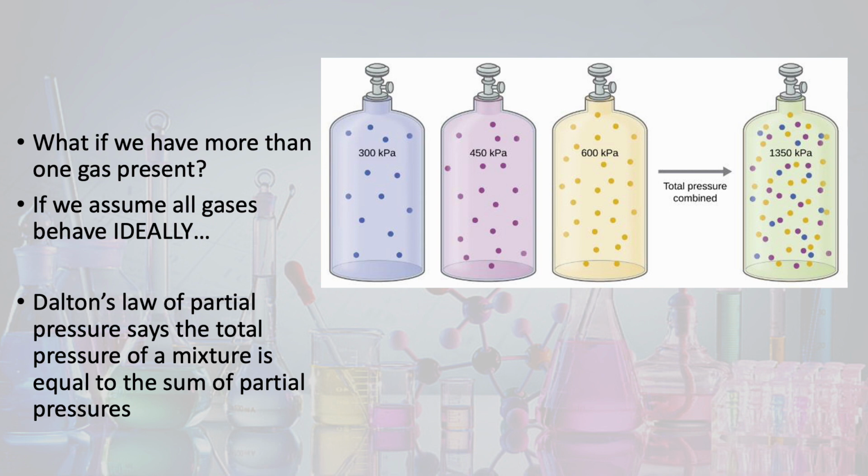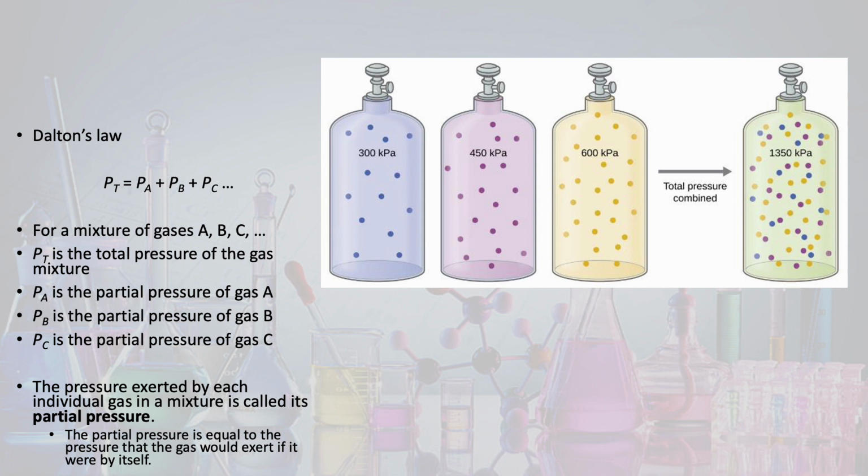And if you look up here, right, this illustration is meant to represent that one gas type exerts 300 kilopascals of pressure, another gas type exerts 450 kilopascals of pressure, and then this last gas type exerts 600 kilopascals of pressure. So if we take all those up, and we use our formula, Dalton's law, total pressure just equals the partial pressure of A plus the partial pressure of B plus the partial pressure of C, we get our total pressure, right?